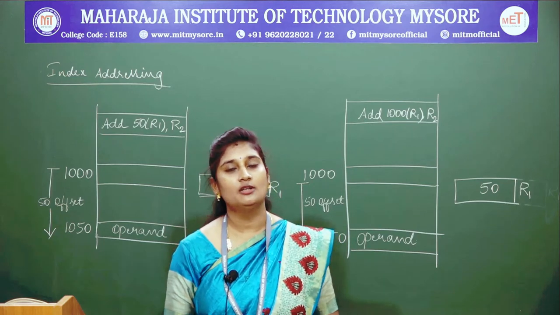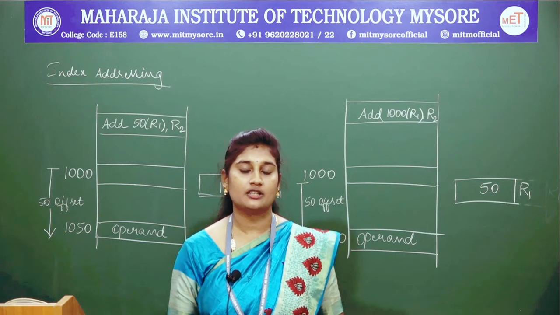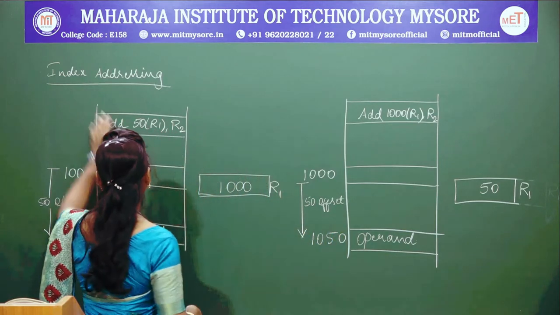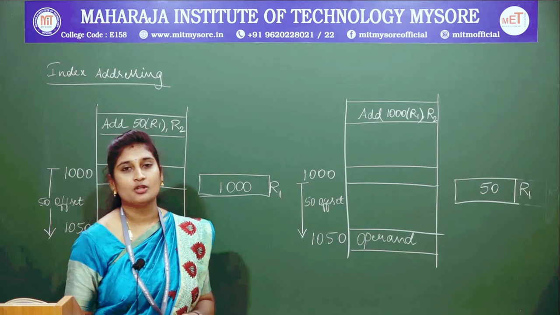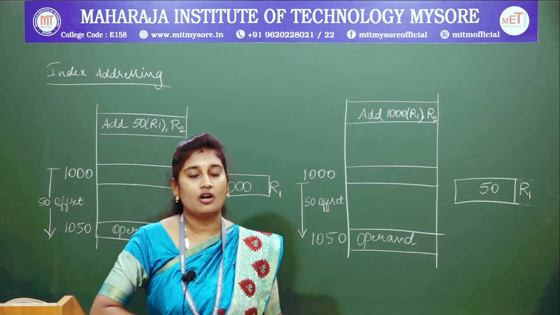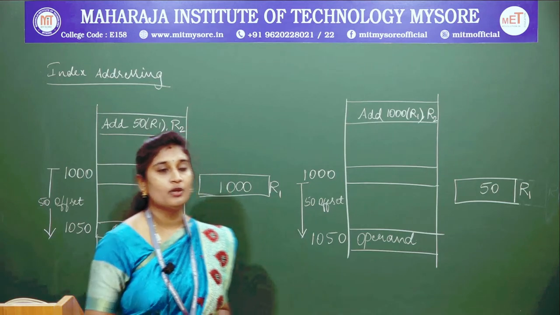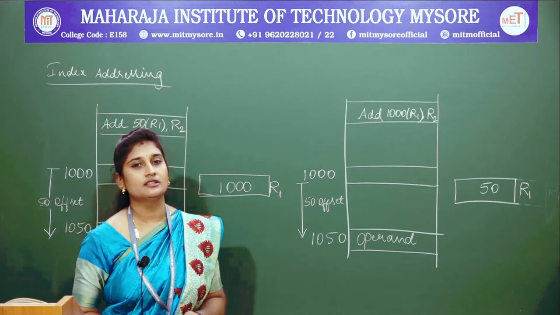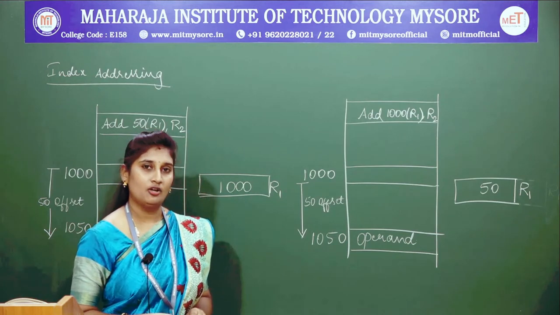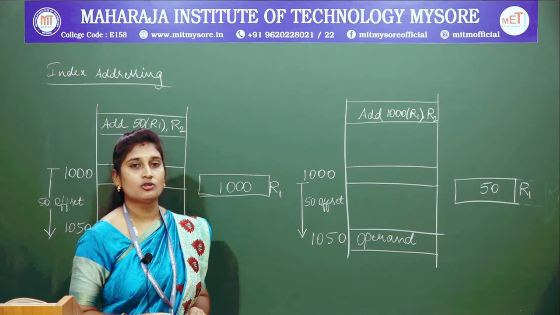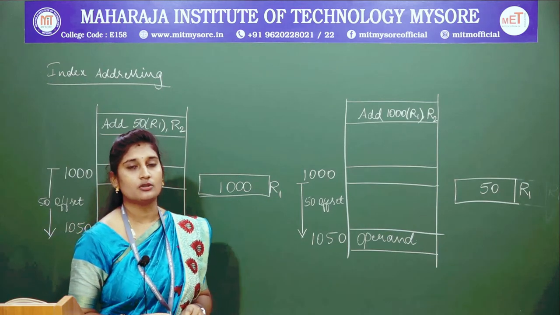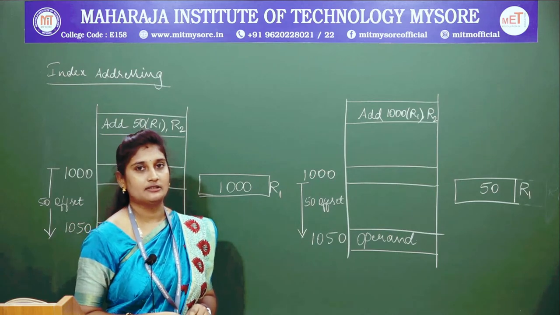So today we shall look at some more addressing modes used in the instruction set. The next type of addressing mode is indexing arrays. Indexing has a slight difference from the indirect addressing mode. In indirect addressing mode, the general purpose register is enclosed within parentheses, so it is understood to be an indirect addressing mode.